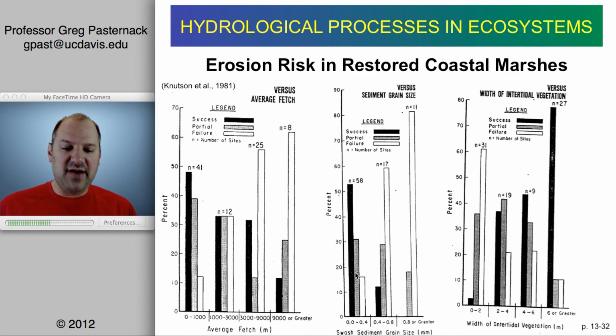So you can see that this fine sediment, at 0.4 millimeters, is still relatively coarse. 64 microns would be the size delineation for sand, so this is still a mix of sand, silt, and clay. But once the grain size is coarse sand, it's not going to hold together, and it's going to be easier to attack. And then finally, when you have 6 meters or more width, it's highly, highly successful. If it's very thin, it's pretty much going to fail.